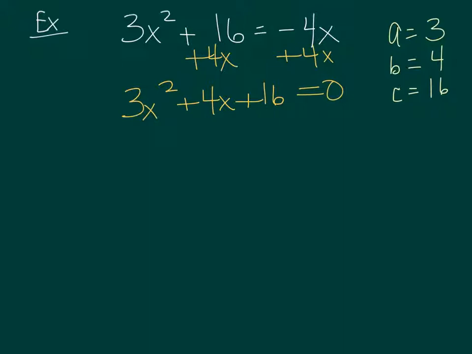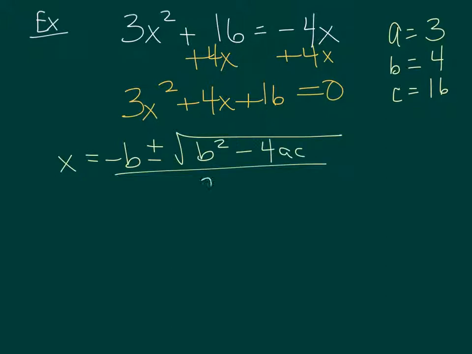So now I'm going to go in and I'm going to play the quadratic formula game. So I've got x equals -b plus or minus square root b squared minus 4 times a times c all over 2 times a. So again, step 1 is just plugging things in to their correct locations.